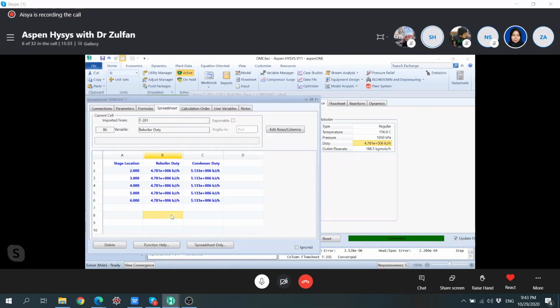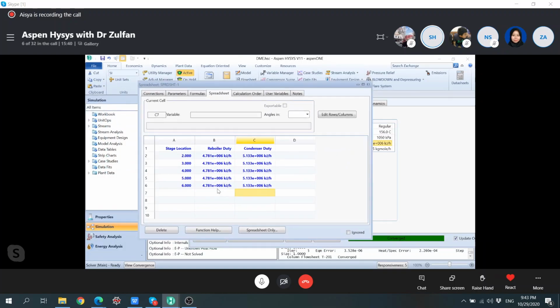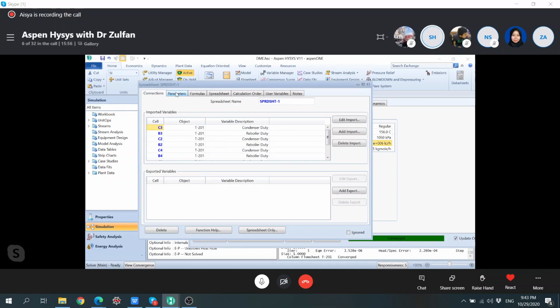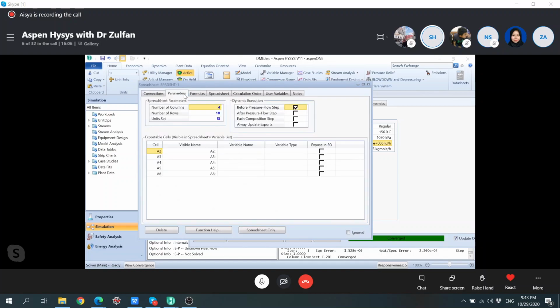Okay, and then I don't know how to do plots. What is on the parameters and check parameter tab? No formulas, no. Let's see how to do plot. Oh, there it is. What is that? Condenser duty. Is it connected?